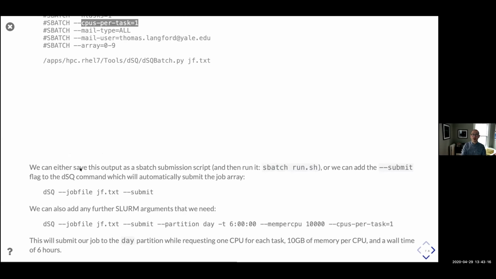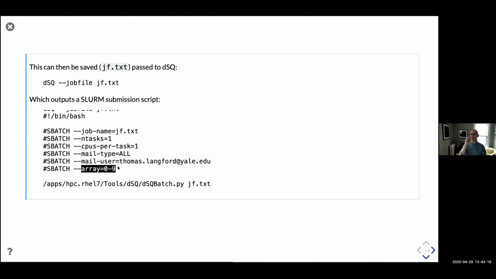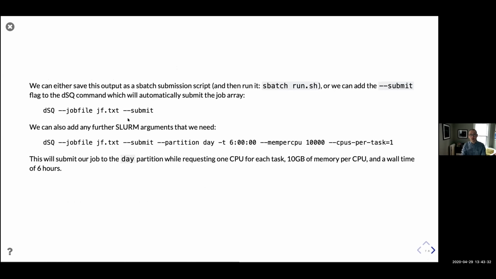It's also populating that there are 10 different lines in that file. And so that is how Slurm is setting up the job. So then we can also pass it a bunch of the Slurm commands.